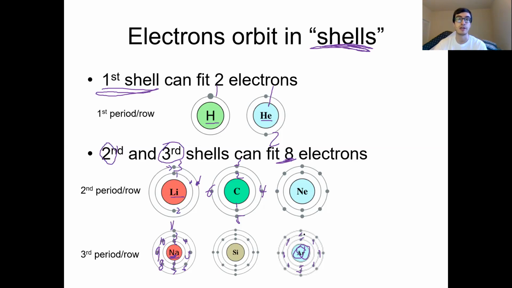So now our second shell is completely full. 11, 12, 13, 14, 15, 16, 17, 18. So now argon has 10 on the first 2 shells and then 8 more on the third shell, means 18 electrons total and 8 on that outer third shell. So 2 on the first shell, 8 on the second shell, and 8 on the third shell. That's how many can fit, not necessarily how many are going to be there.